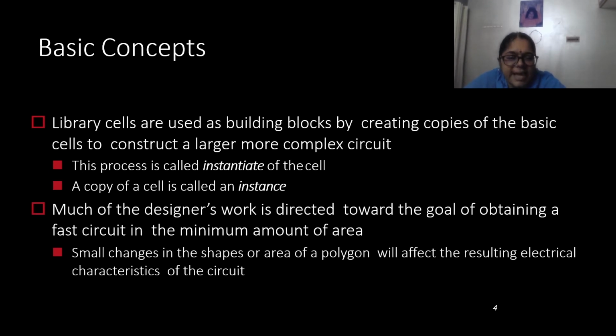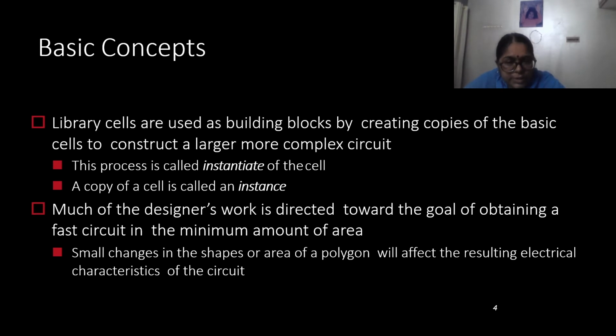Much of the designer's work is directed towards the goal of obtaining a fast circuit in the minimum amount of area. Small changes in the shapes or area of the polygon will affect the resulting electrical characteristics of the circuit.